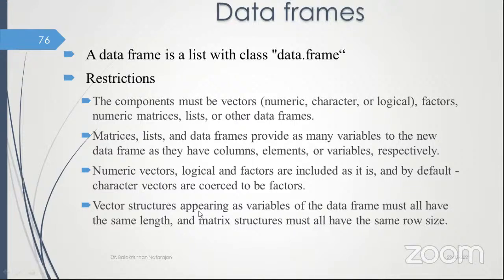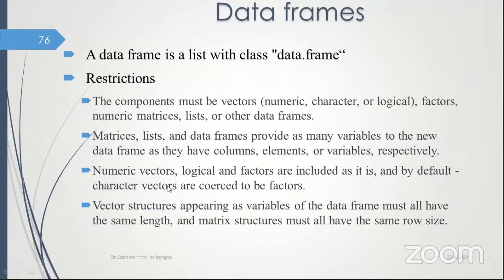Let me show the example for that. Some restrictions are also given here. If you have matrices, lists or data frames, they provide many variables as columns, elements and variables of the new data frame. Similarly, vectors and logical factors are also included, and character vectors will be a factor.